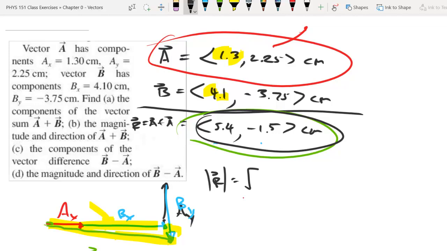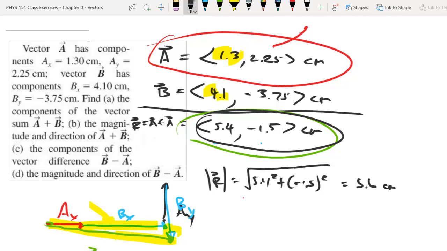This is just going to be the square root of rx squared plus ry squared, so we have 5.4 squared plus negative 1.5 squared, which is really just 1.5 squared, right? And this magnitude ends up being 5.6 centimeters, the magnitude of the resultant.